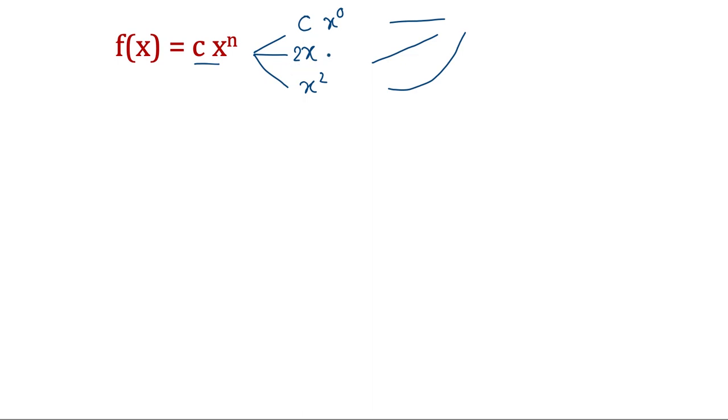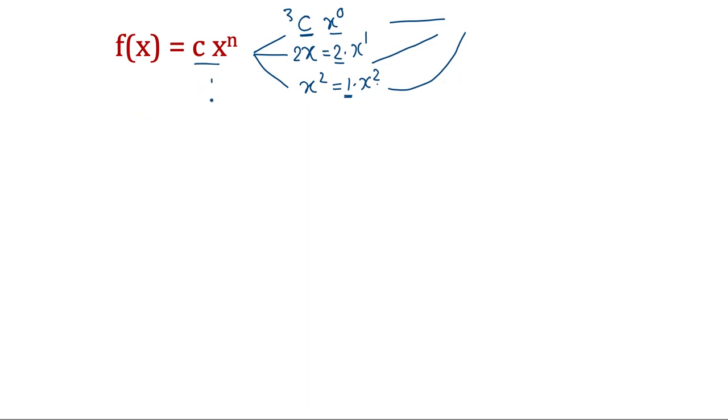And then 2x is 2 times x to the power of 1. And here we have 1 times x square. So here c is 1, n is 2. Here c is 2, n is 1. And here c can be any value. We had seen an example of 3, and n is 0.